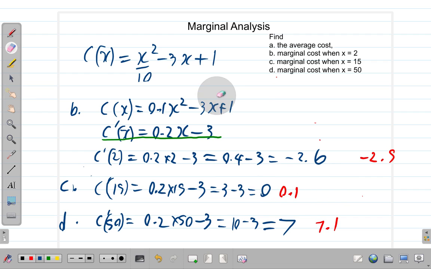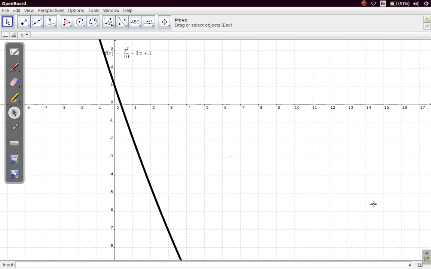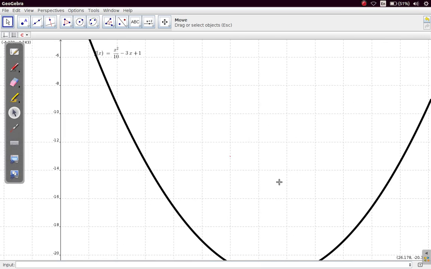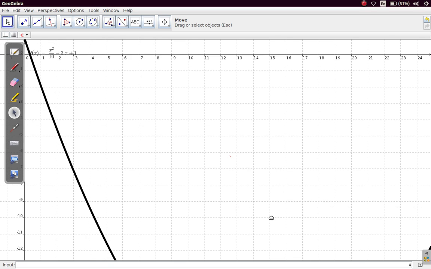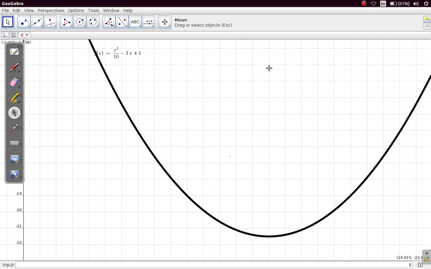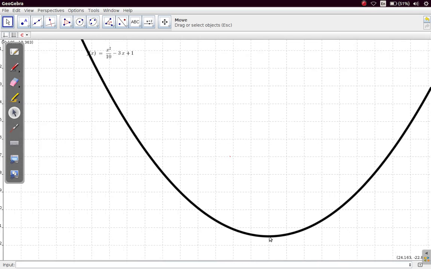0 and 0.1 at 15. Let's look at what's happening at x equals 15. Alright. Where is my 15? This is a 15 line. Alright, let's trace it and not lose the line. Alright, this is what's happening at 15.